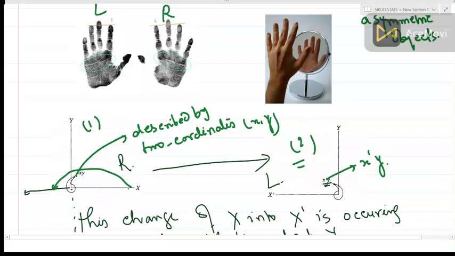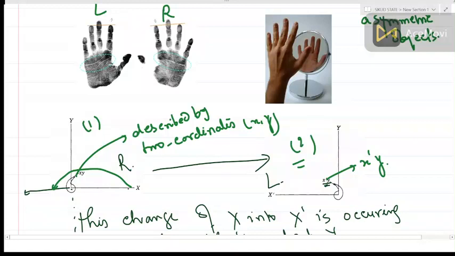So this reflection is the reason your right hand glove was not fitting in the left hand. Your right hand thumb is pointing towards left and your left hand thumb is pointing towards right. You cannot overlap them. But when you are reflecting, your right hand becomes left hand and you can superimpose.